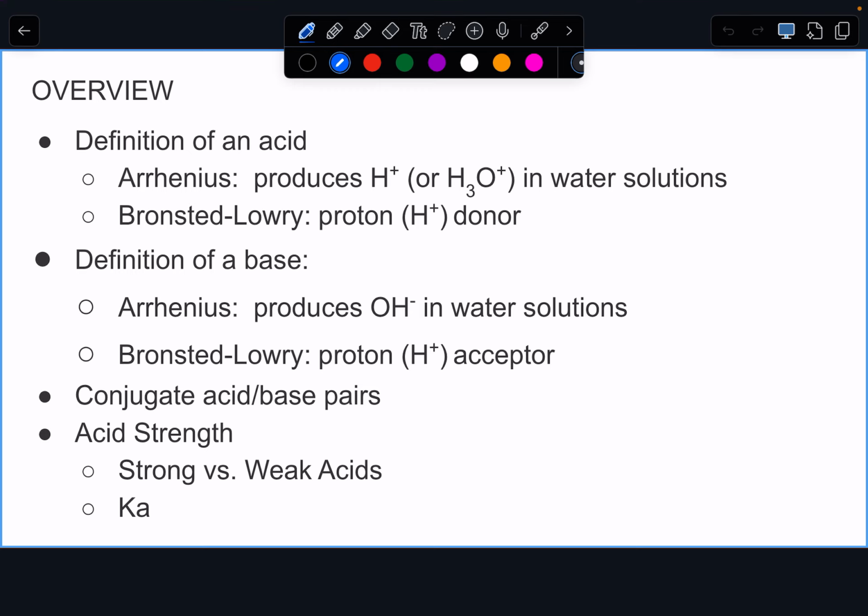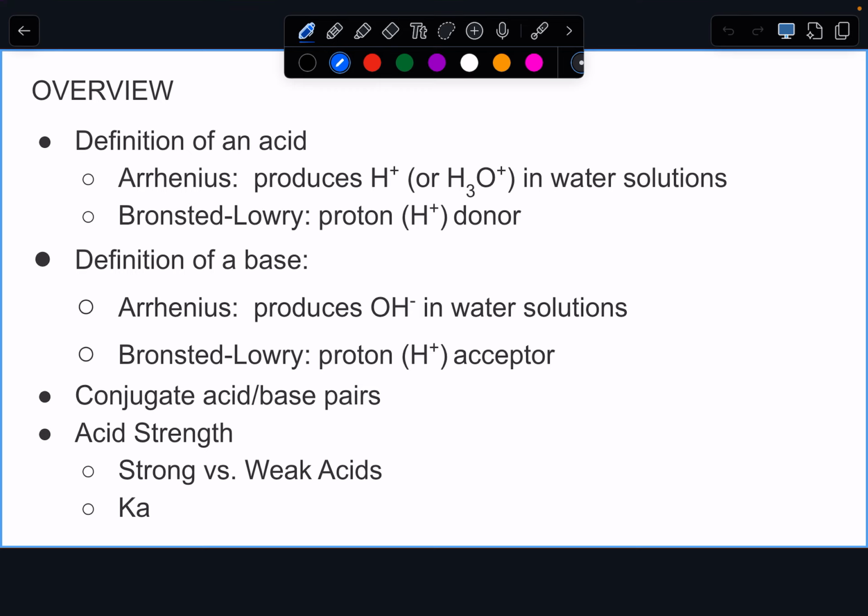So you probably read about some of the properties, like acids are sour, they're corrosive. Bases are actually also corrosive, so why that matters, not sure. Bases are slippery, so soap is a good example of a base, or if you've ever touched bleach or even diluted bleach, it feels slippery.